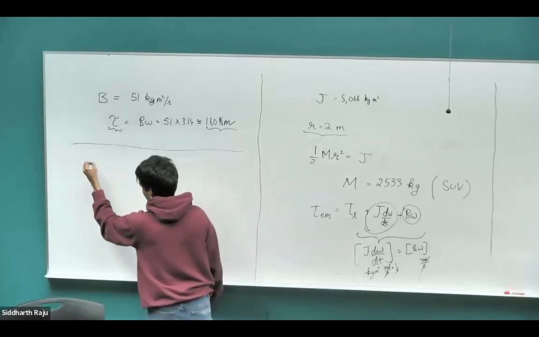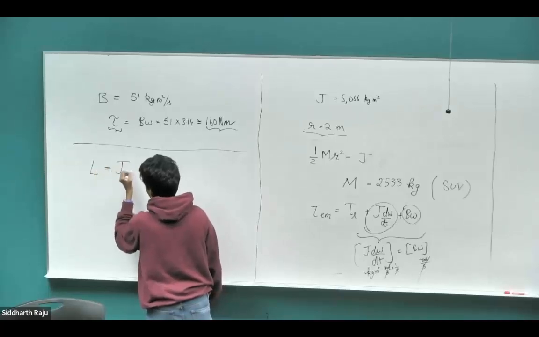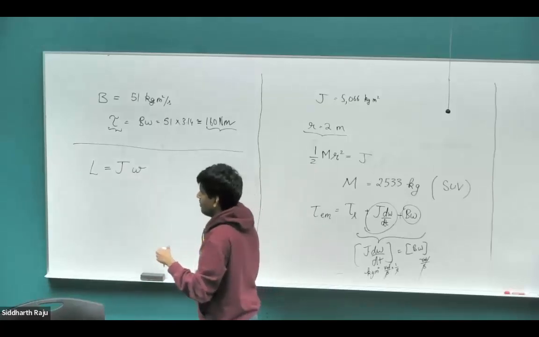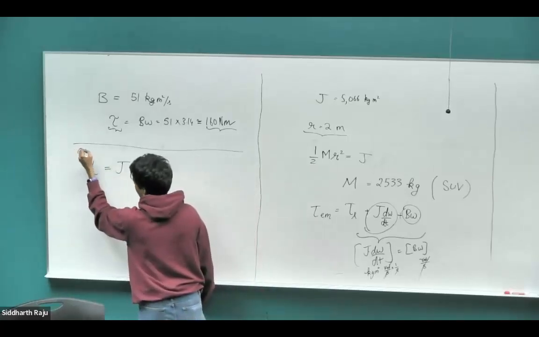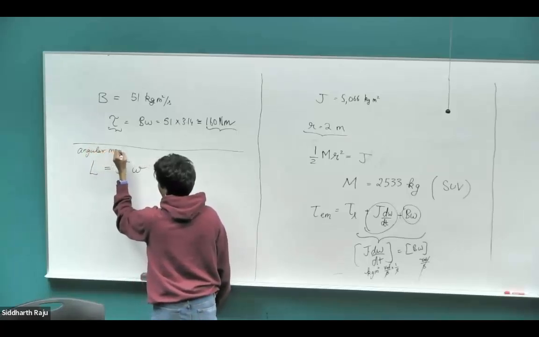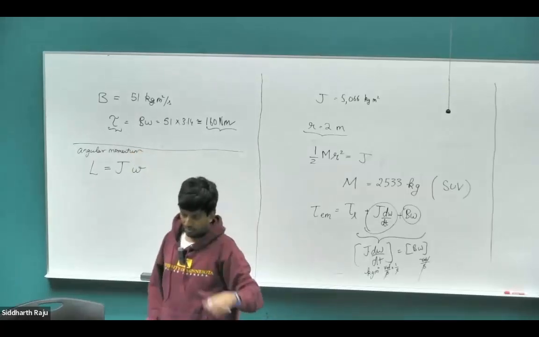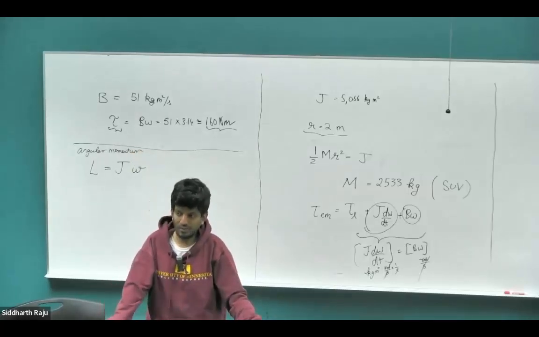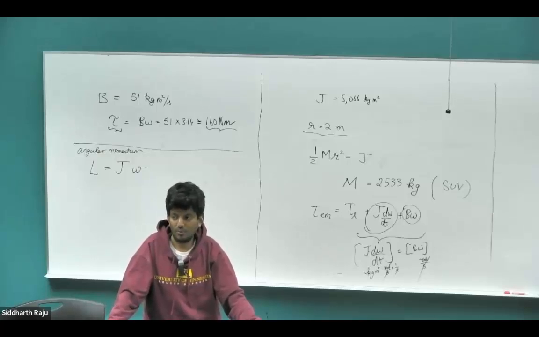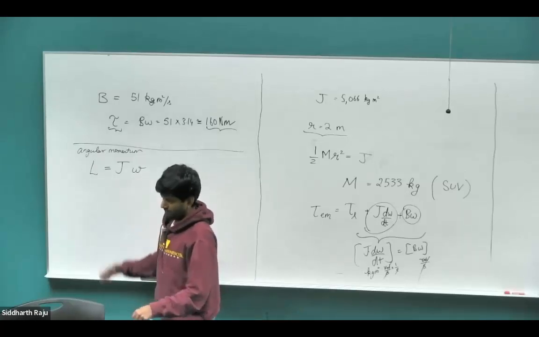This is not something we are going to derive, but you can find this in most physics textbooks, which is the angular momentum is equal to inertia times the rotational speed. Right, this is similar to what we get in linear momentum where P was equal to mass times the velocity. Here it is instead inertia times omega.